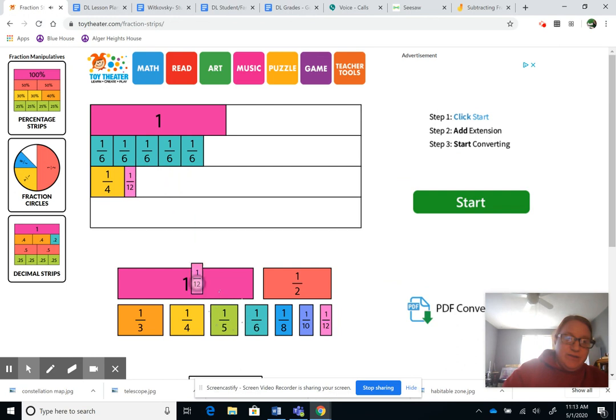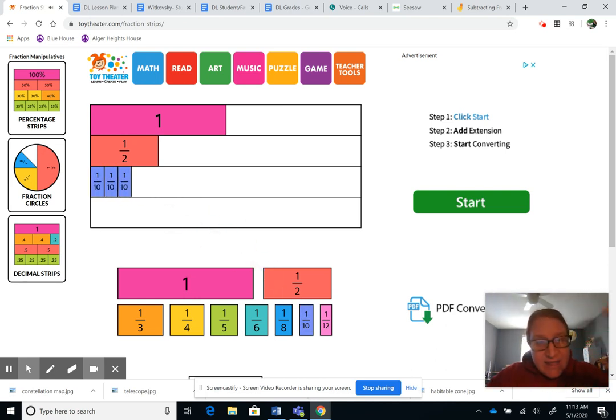Okay. Number 4 says 1/2 minus 3/10. Let me get rid of all of these. 1/2 minus 3/10. 1, 2, 3. Again, think about what numbers 2 and 10 might have in common.